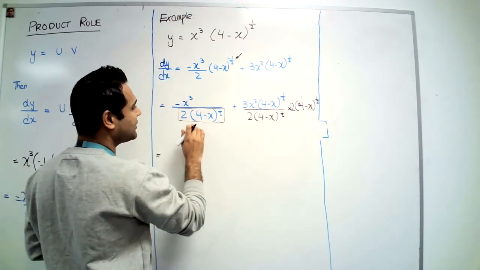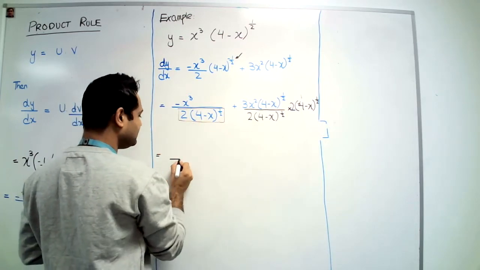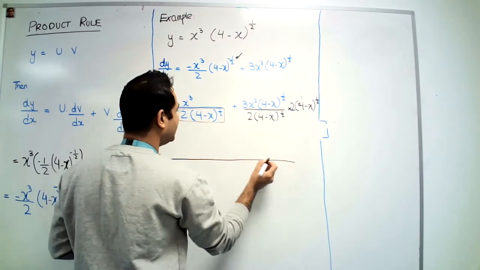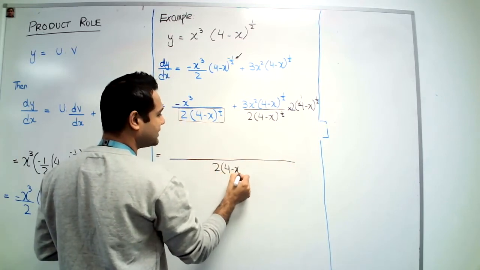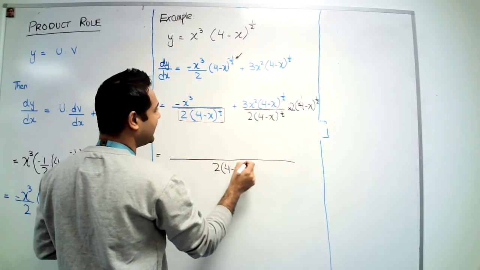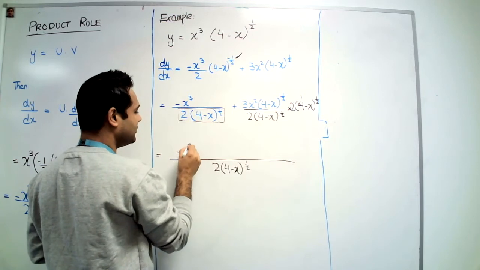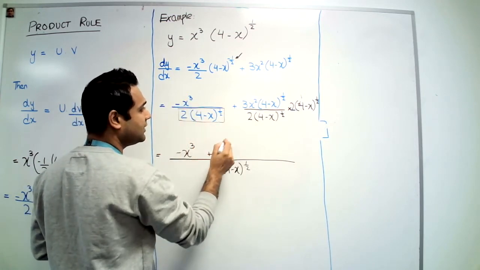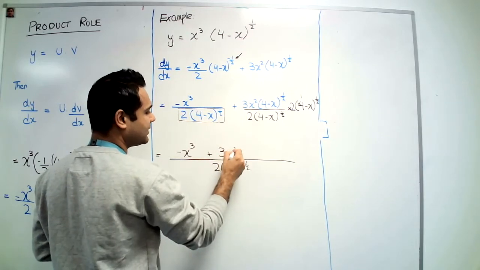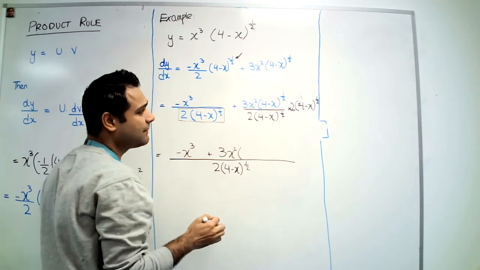Then because now the denominator of both terms becomes the same, I can just draw a line and write 2 bracket 4 minus x, and I can just add the ones on the top. Minus x cubed is on the top here, plus 3x squared, which is here, times 4 minus x.